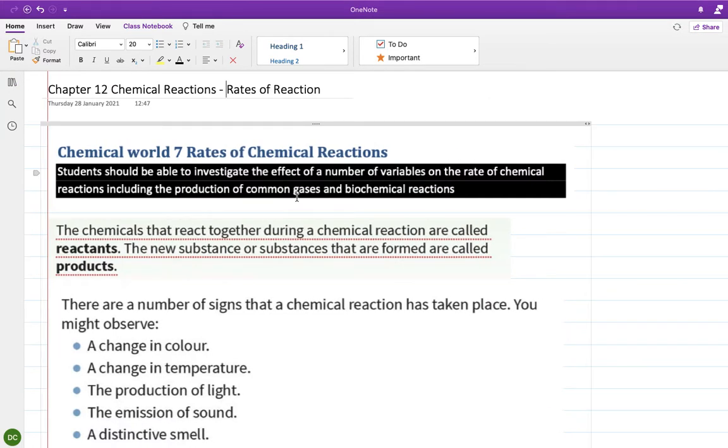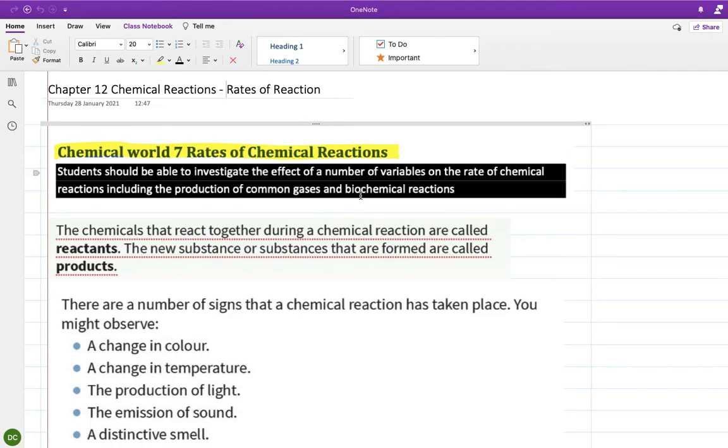So the junior cycle specification on this one is Chemical World 7, rates of chemical reactions. And what are you supposed to be able to do? Students should be able to investigate the effect of a number of variables on the rate of chemical reactions, including production of common gases and biochemical reactions.